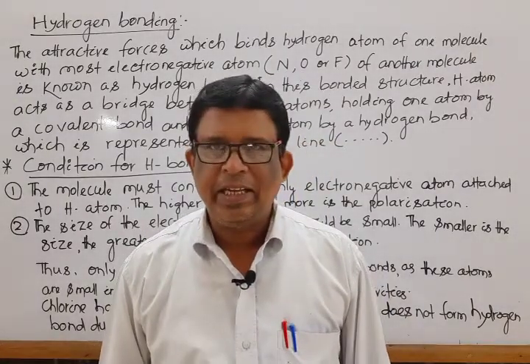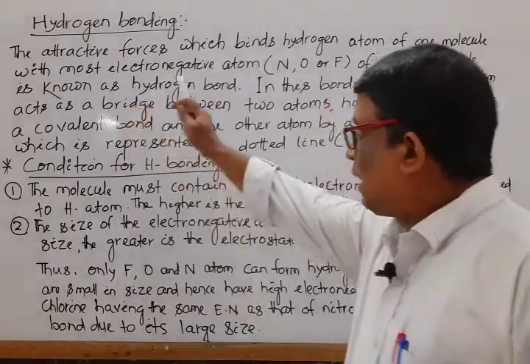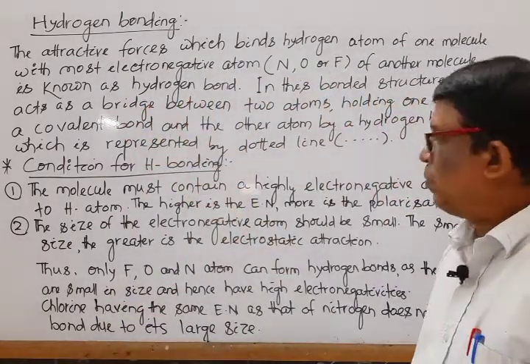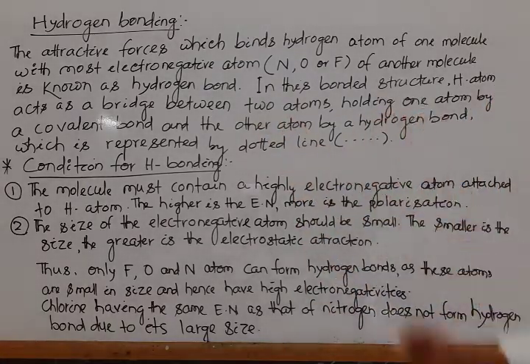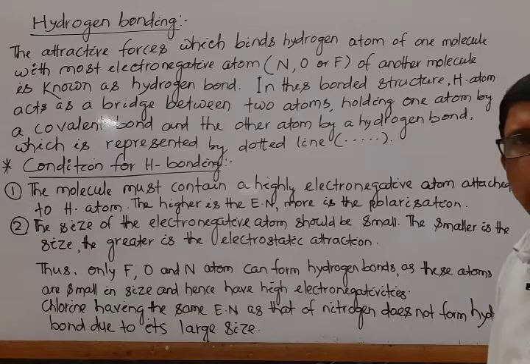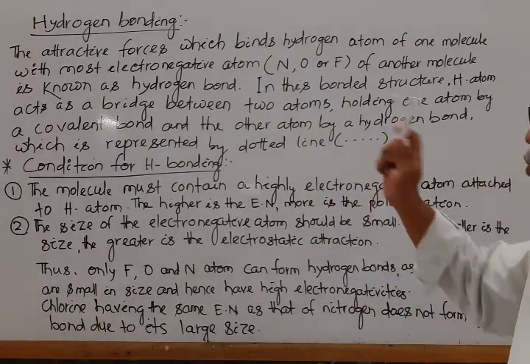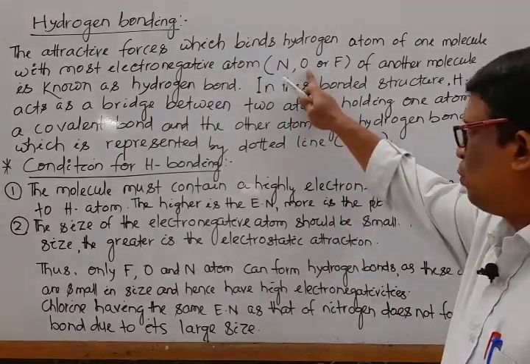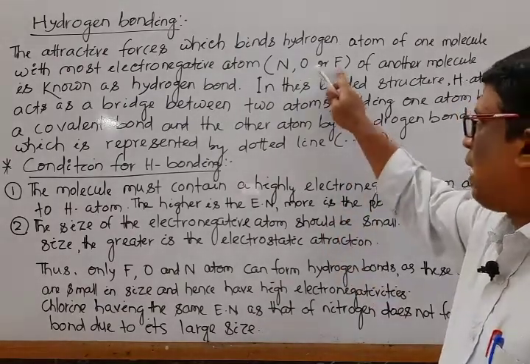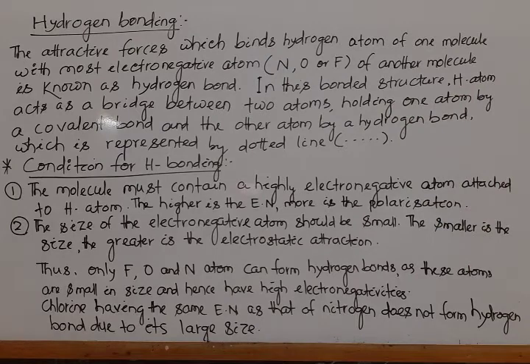Now start writing the definition of hydrogen bond. Mark that. The attractive forces which bind the hydrogen atom of one molecule with the most electronegative atom, that is nitrogen, the first element of group 15, oxygen, the first member of group 16, and fluorine, the first member of group 17, of another molecule is known as hydrogen bond.